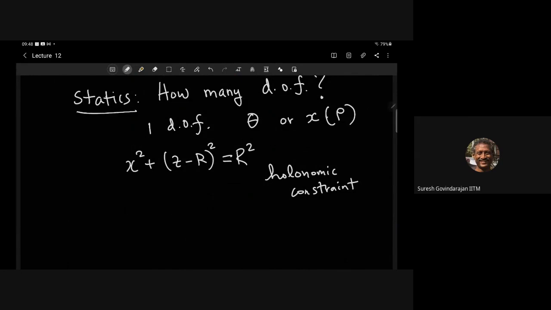That's what happens. So x has a twofold ambiguity, but theta doesn't.